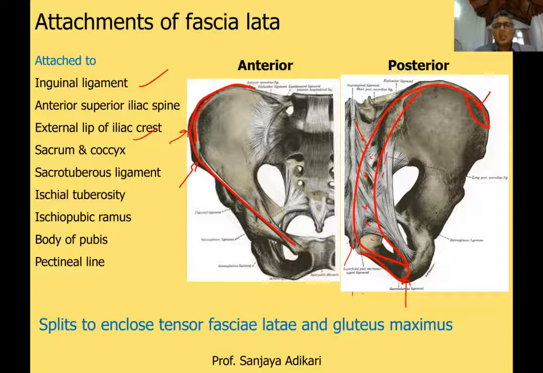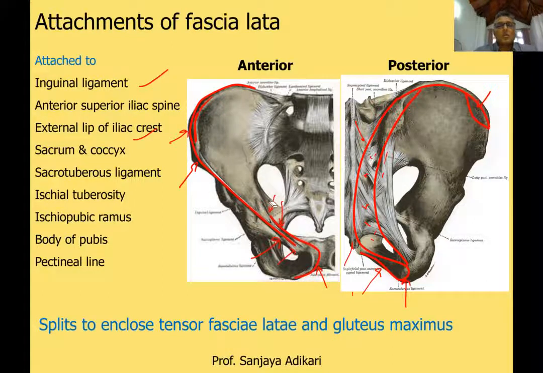Then the attachment continues over the ischiopubic ramus, and again coming back to the anterior side, from the ischiopubic ramus to the body of the pubis, then along the pectineal line here. So this is the point where the two leaves or layers of the fascia lata overlap. The two layers started from here and ended here.